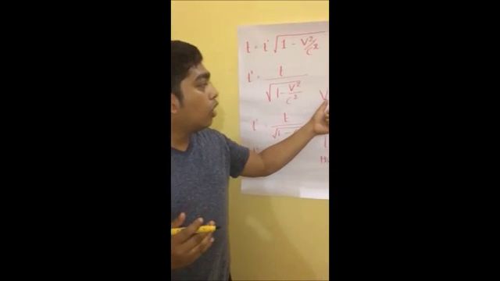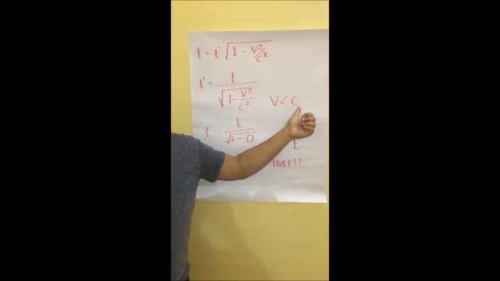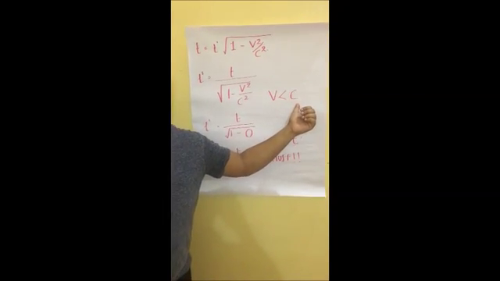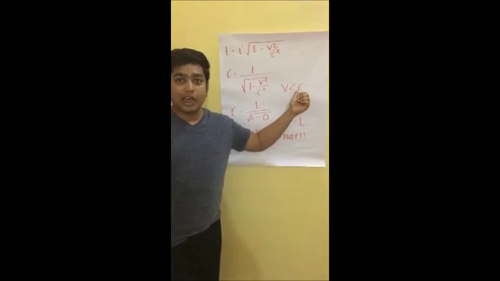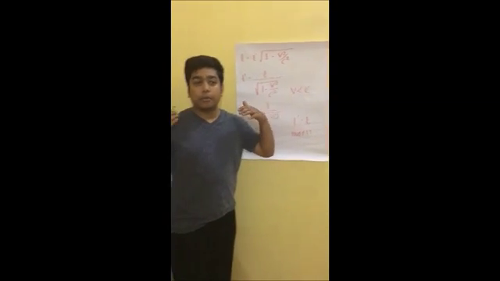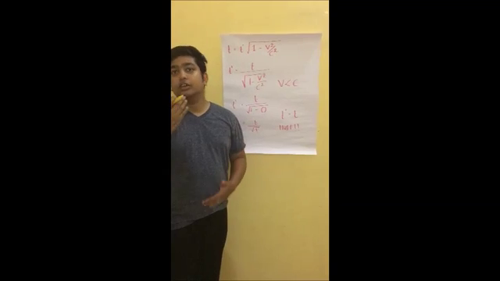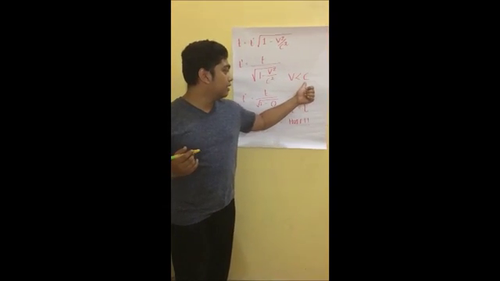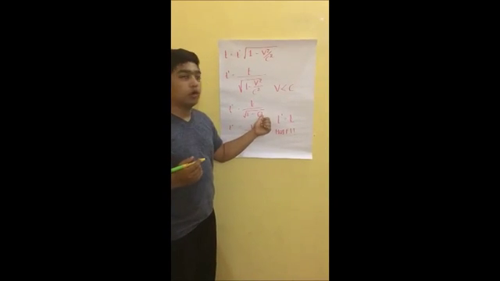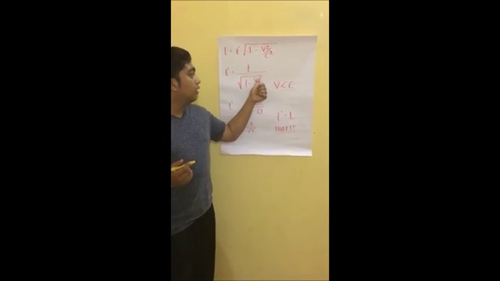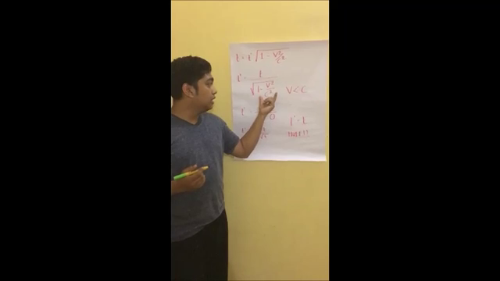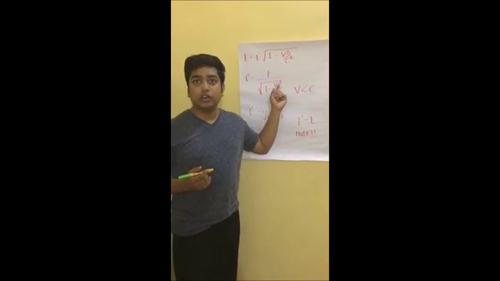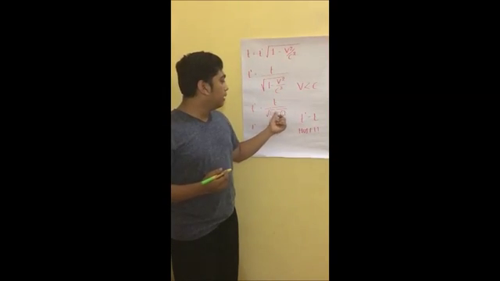So v will always be less than c, and it is very much less than c. Like if I am driving a car, you cannot compare driving a car with the speed of light. So when v is very small compared to c, v upon c is nearly 0.